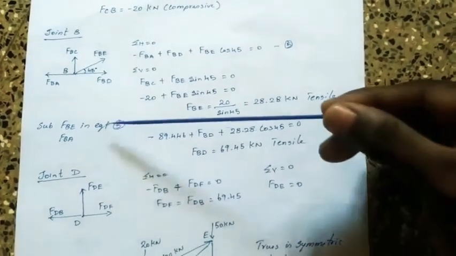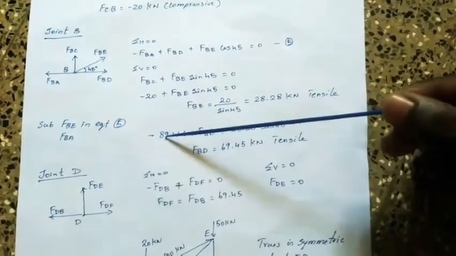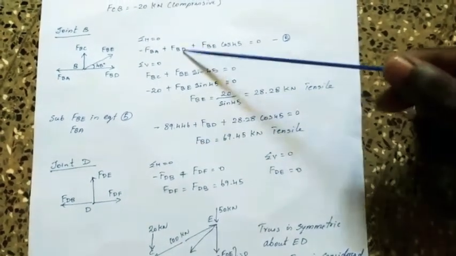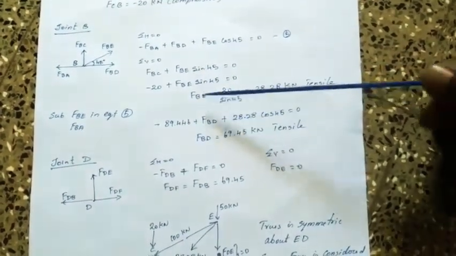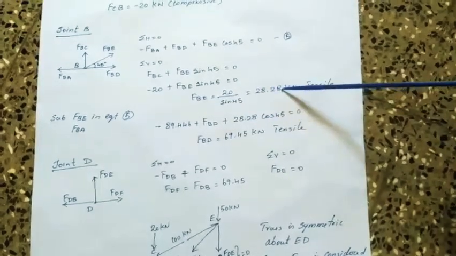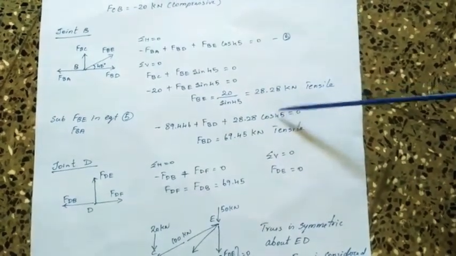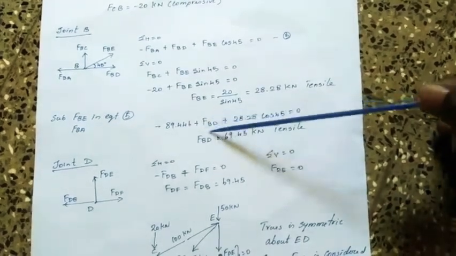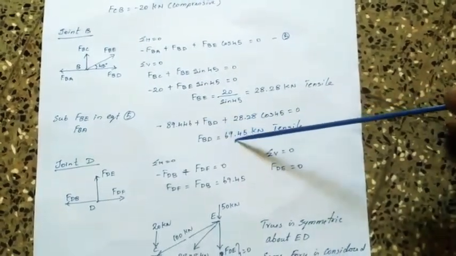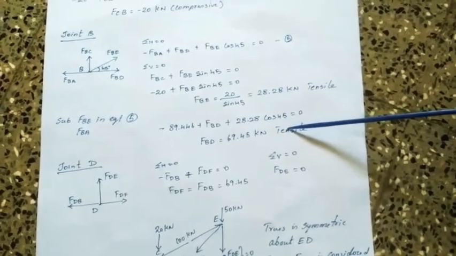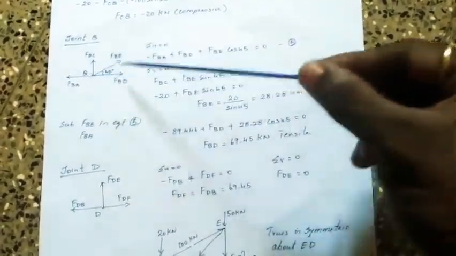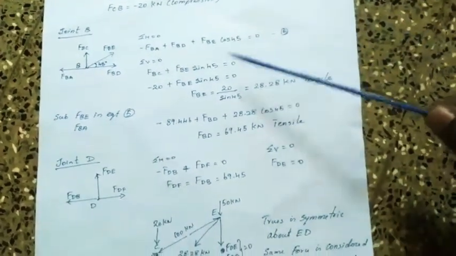In equation 5, which is minus 89.446 plus FBD plus we have FBE value, which is 28.28 cos 45 equal to 0. By solving this, we can find the FBD value, which is 69.45 kilonewton. Okay, we found the unknown value in joint B. So now we can move to the joint D.